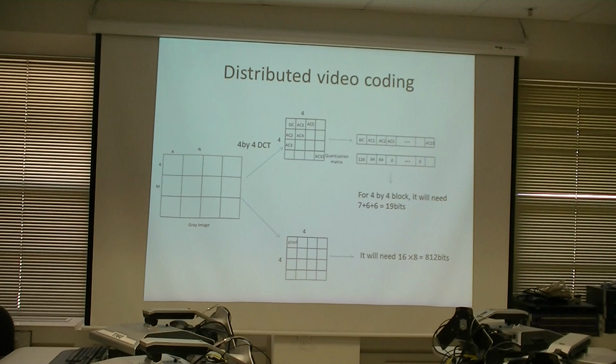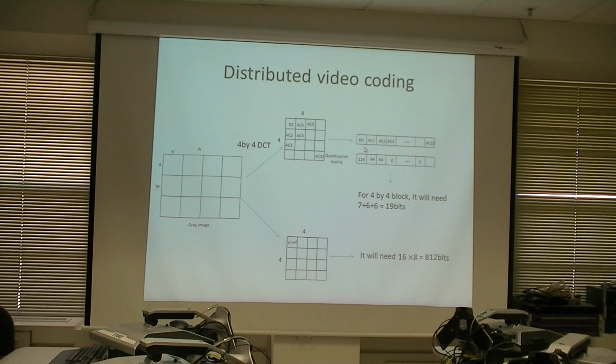And in this slide, we will quickly review why the transform domain DVC has a better performance than the pixel domain DVC. Suppose we have a real image with size m by n, and here we only consider a 4x4 block of this image. After a 4x4 DCT transformation, the DCT coefficients will be grouped into 16 subbands, 1 DC band and 15 AC bands.